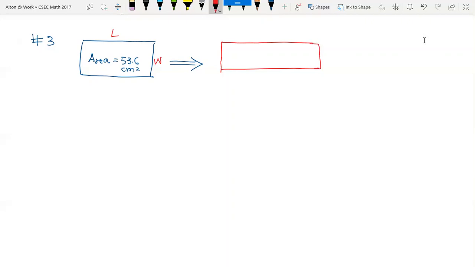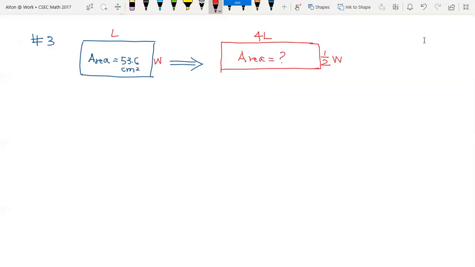So our new length here would be 4L, and the width is half W. So we need to find the area of this new rectangle.